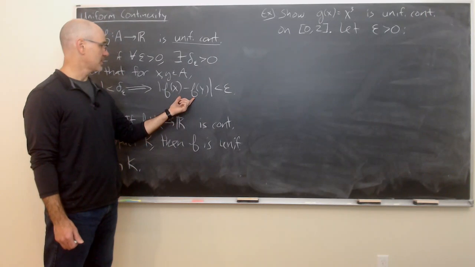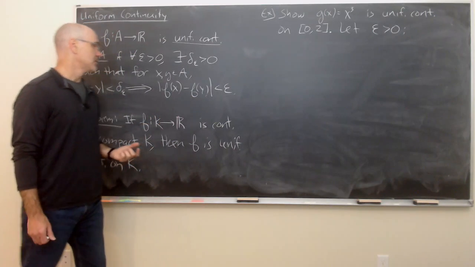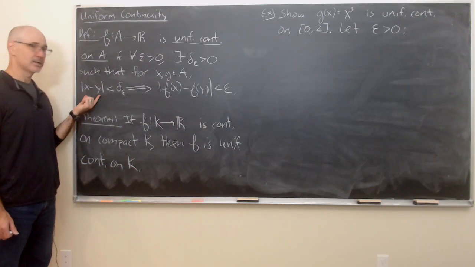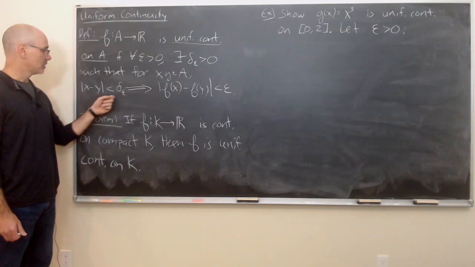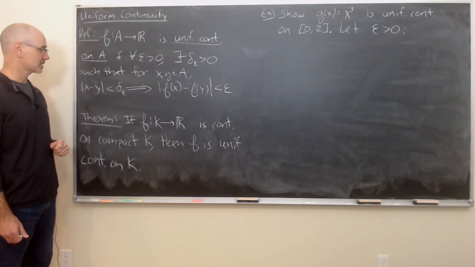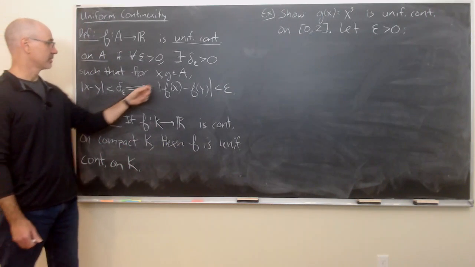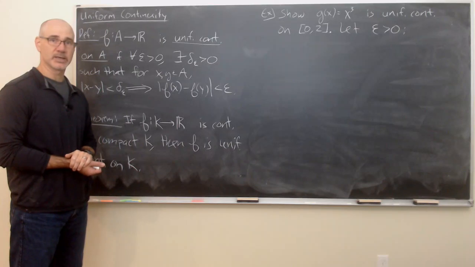In other words, we can make f of x as close as we like to f of y just by taking x and y close enough together. Notice this delta doesn't depend on the y or on the x. It only depends on how close they are together. And this has to work for every pair x, y in the set A.